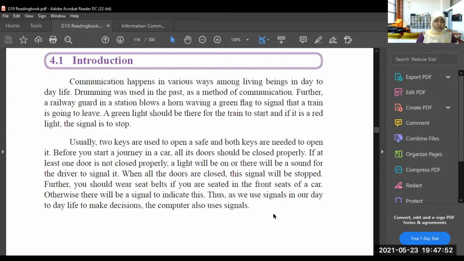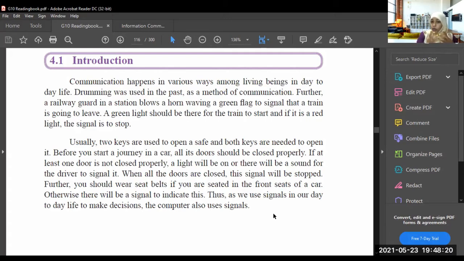For example, if you are using a CCTV camera, nowadays there will be a signal for that too. There are some rays coming from these CCTVs, and if the rays break, what happens? An alarm will sound, right? So these are signals.